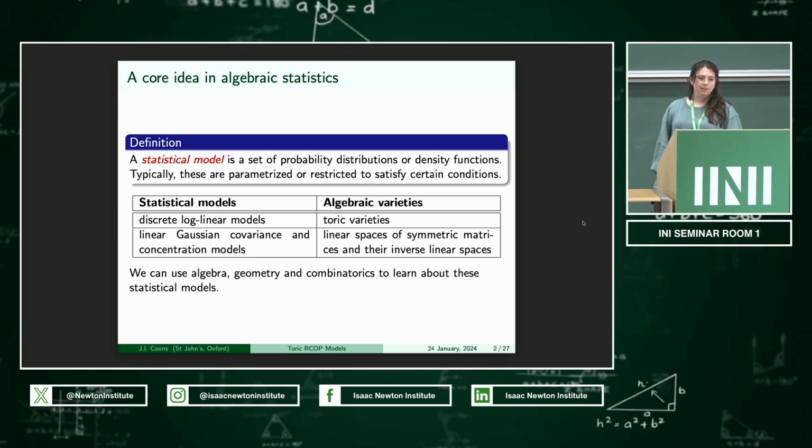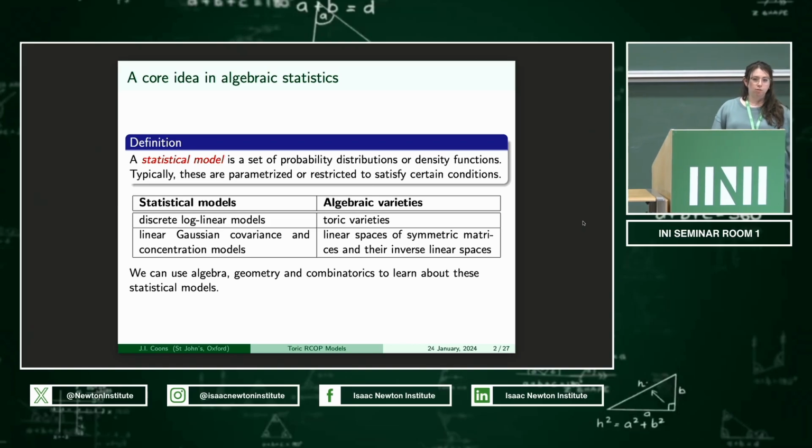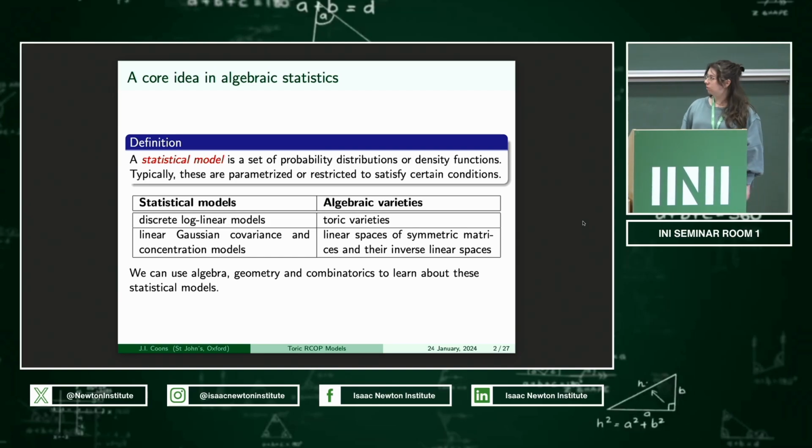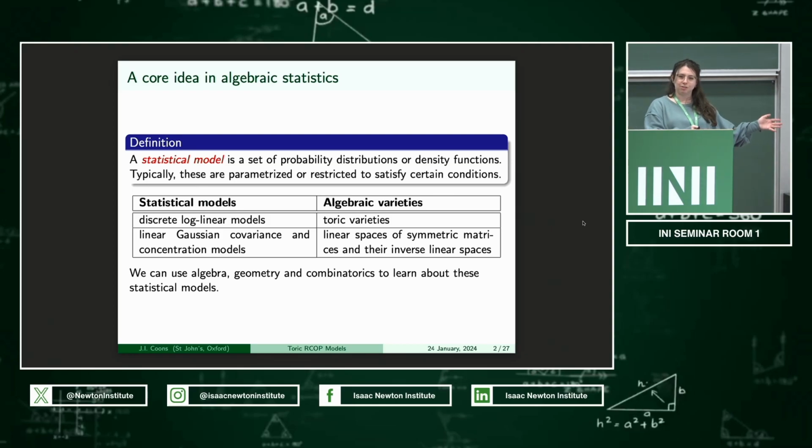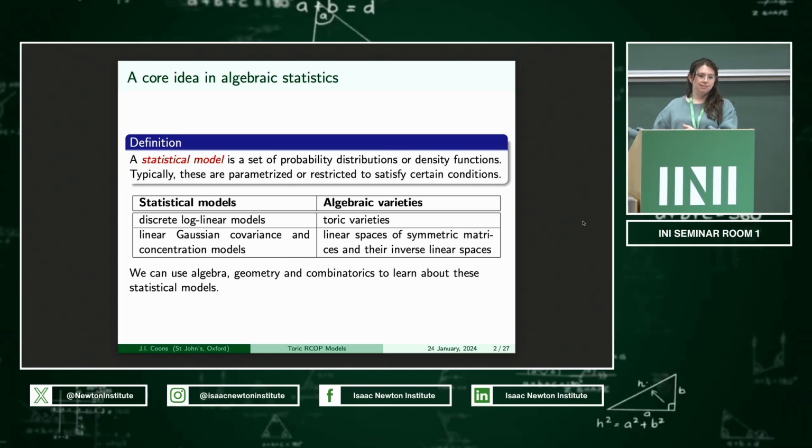This is where you're putting linear restrictions either on the covariance or the inverse covariance, the concentration. These are linear spaces of symmetric matrices, right? They're just symmetric matrices with some linear restrictions on them. And if I know about the concentration matrices, I might ask what their covariance matrices are, and so then I'm inverting this linear space of symmetric matrices. That's mostly what I'll be talking about today. So the core idea is we can use algebra, geometry, and combinatorics to get some statistical information about these models.